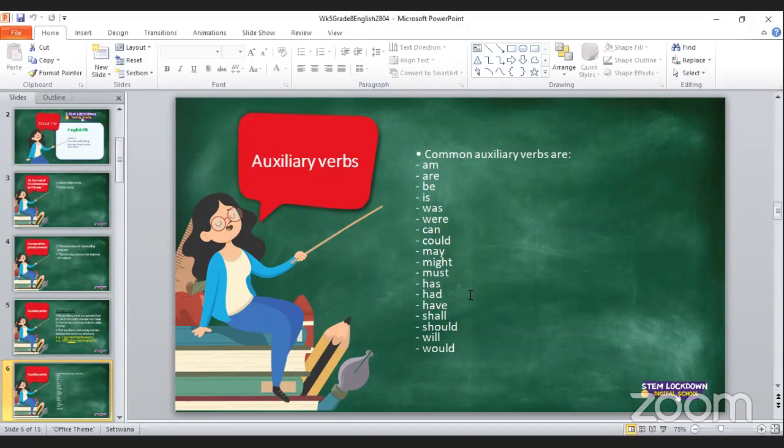So those are the common auxiliary verbs. I am sure that you have come across them all one time or another. They are the verbs that we use to help us to regulate the sentences.